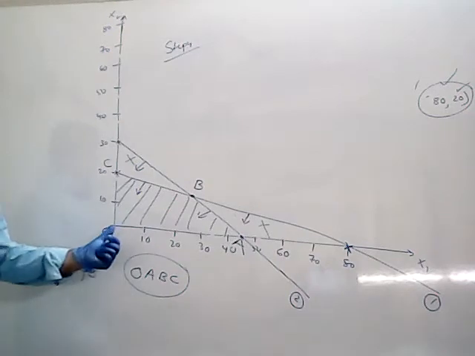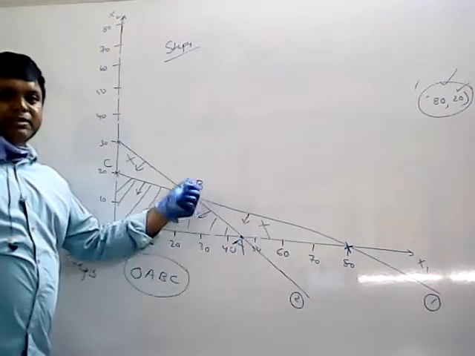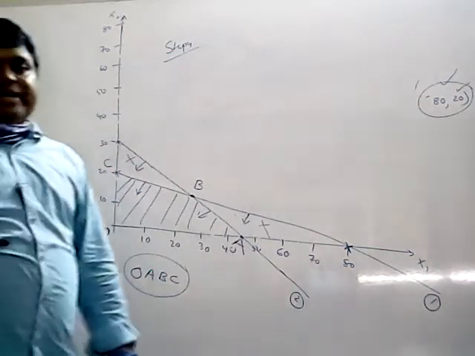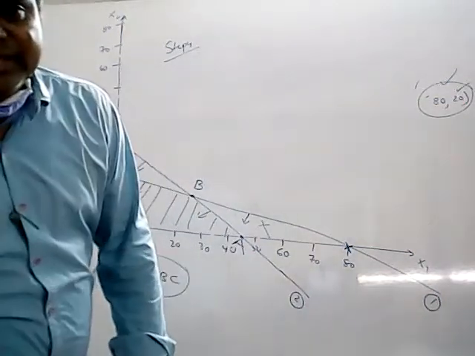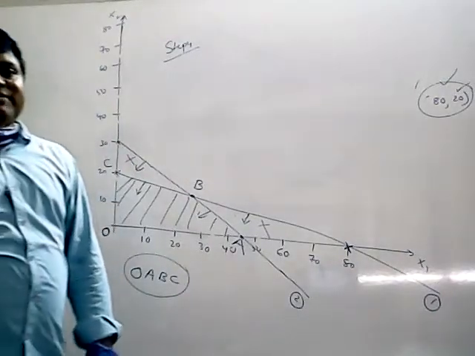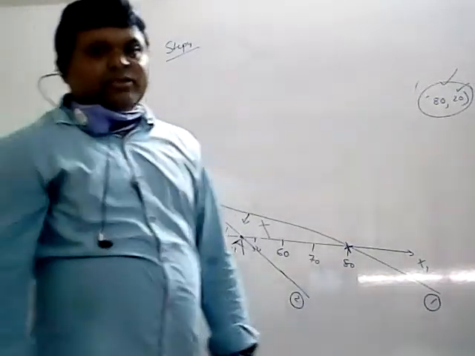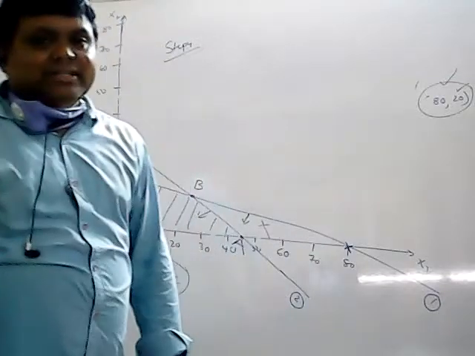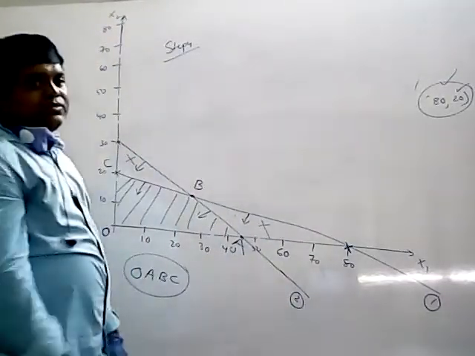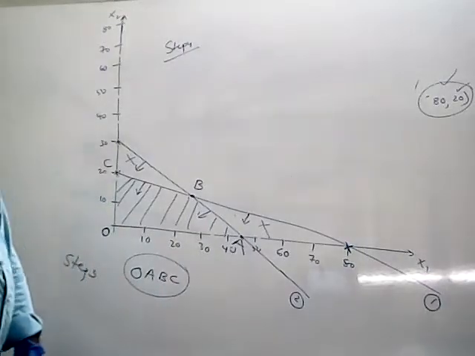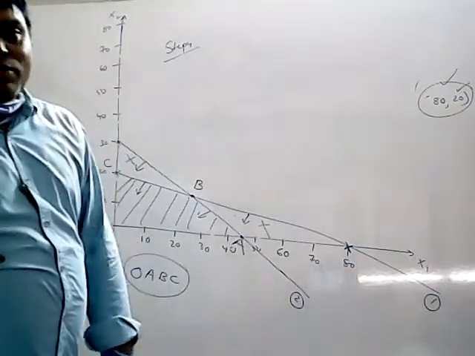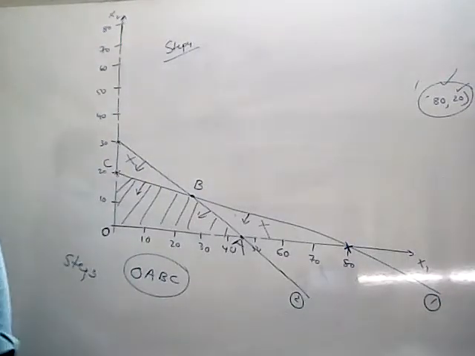The corner points are O, A, B, and C. Right? Step number 4: identify the corner points of the feasible region.